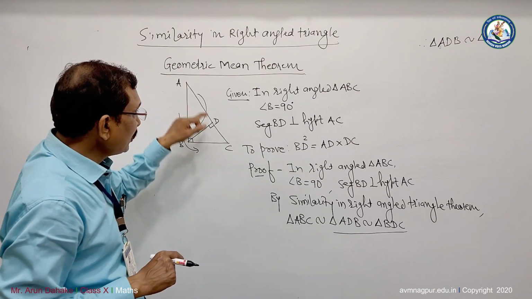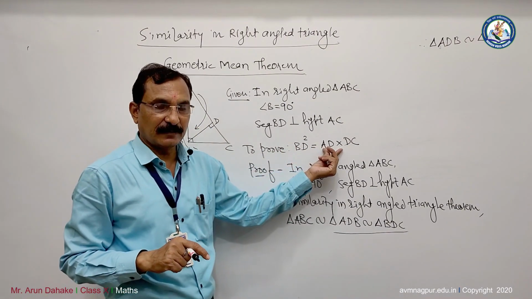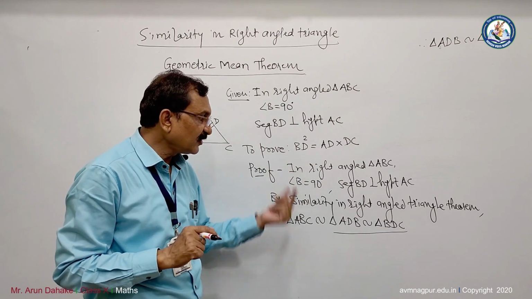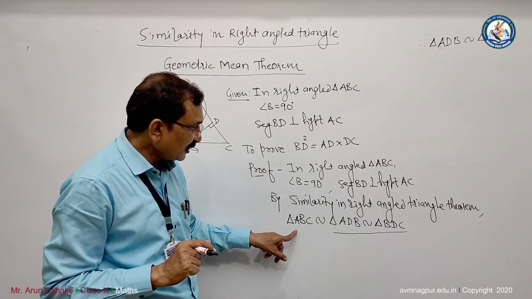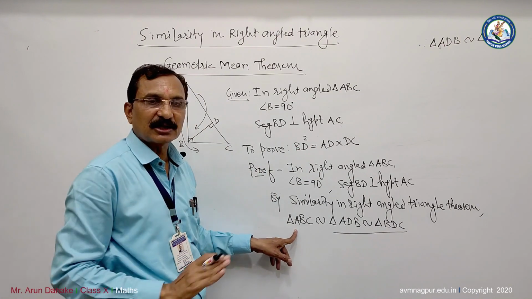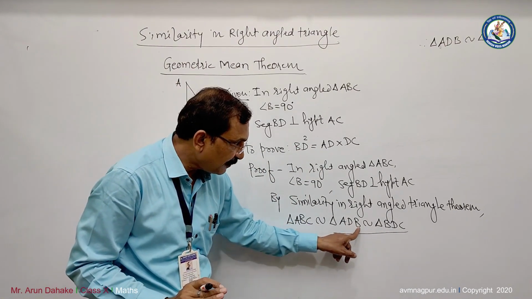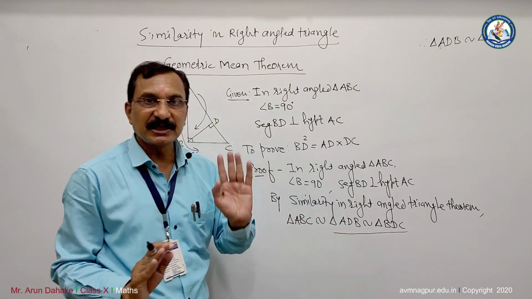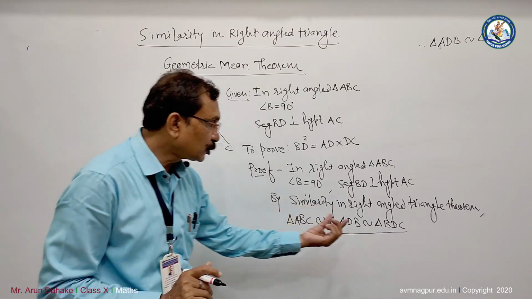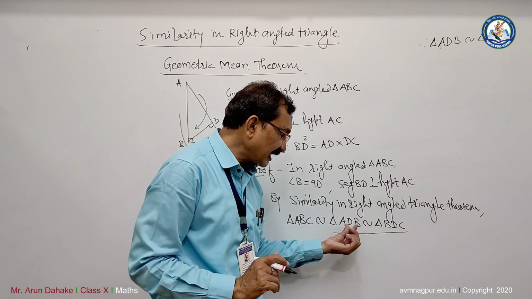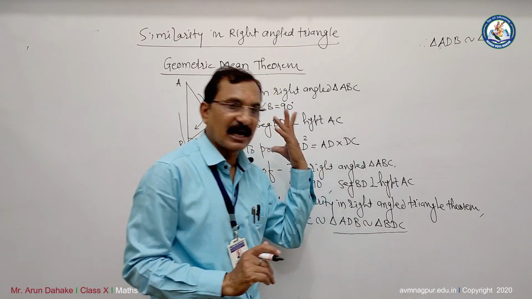For that, BD is in which two triangles? In the first triangle there is no BD line or side or segment, but in both triangles here there is DB and here BD. That means BD is there. So that's why we choose these two triangles. Now these two triangles ADB and BDC are similar.